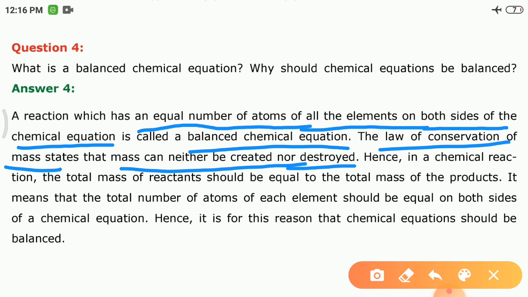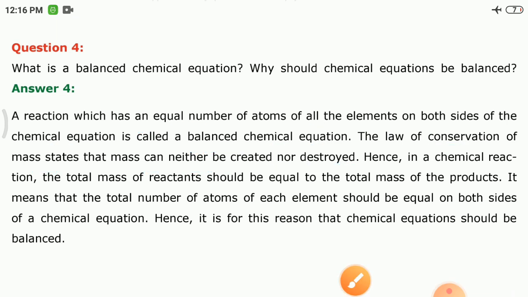Hence, in a chemical reaction, the total mass of reactants should be equal to the total mass of the products. It means that the total number of atoms of each element should be equal on both sides of a chemical equation. Hence, it is for this reason that chemical equations should be balanced.